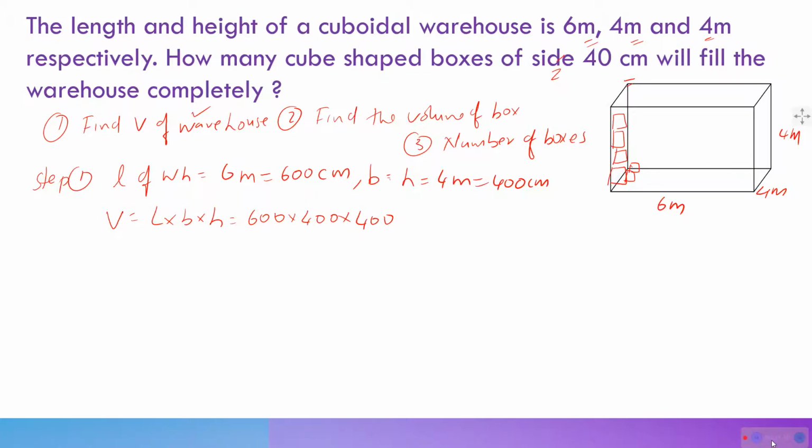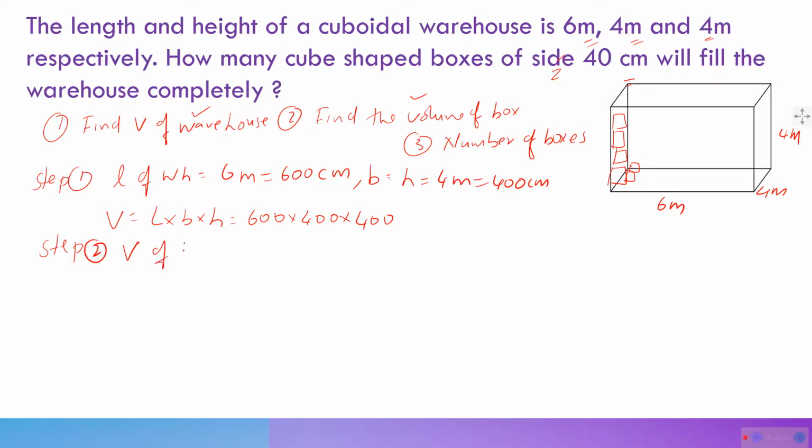Okay, so after multiplying, you will be getting an answer for this. We are not calculating it now because we have to divide it by the volume of the box. So we will save the time by keeping it like this. Step 2 is to calculate the volume of the box.